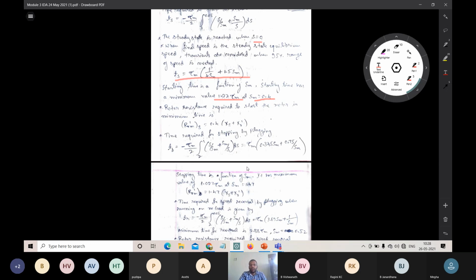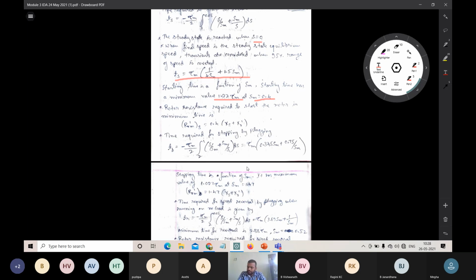Whenever you are interested in starting the motor in a shorter duration, the rotor resistance is required in order to do so. That rotor resistance will be given by Rrm dash.